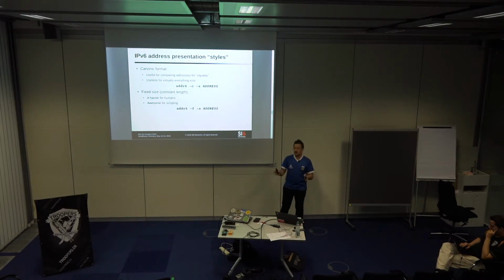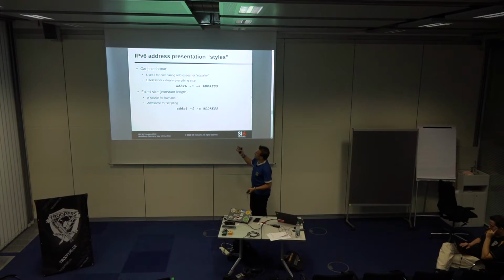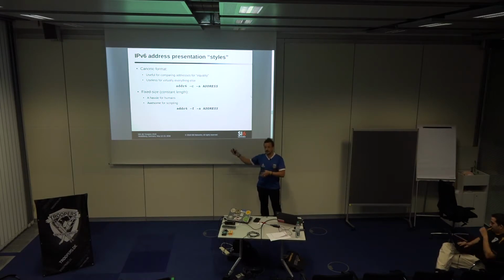So what you want to have is an address that is always the same fixed length without any compression at all. This was something that was required, and you might have read David Plonka's paper, he did analysis on patterns of addresses. Originally he had implemented this feature himself in the tool, so now I incorporated it.